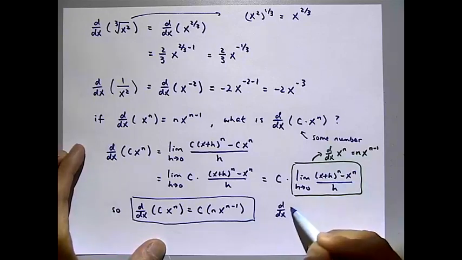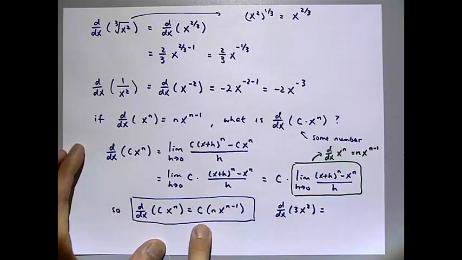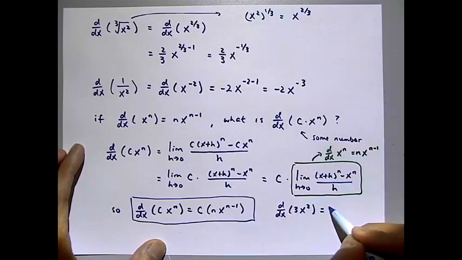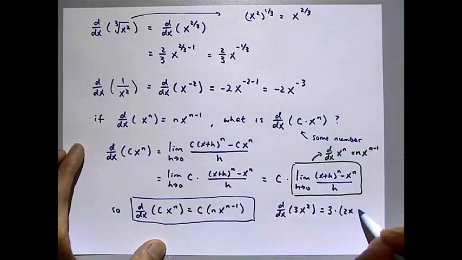So what this means is that, say you're taking the derivative of 3x squared. The rule says that 3 multiplied to x squared, the 3 doesn't do anything. It does not participate in the differentiation. So we sidestep that 3, take the derivative of x squared, 2x, and we get 6x.